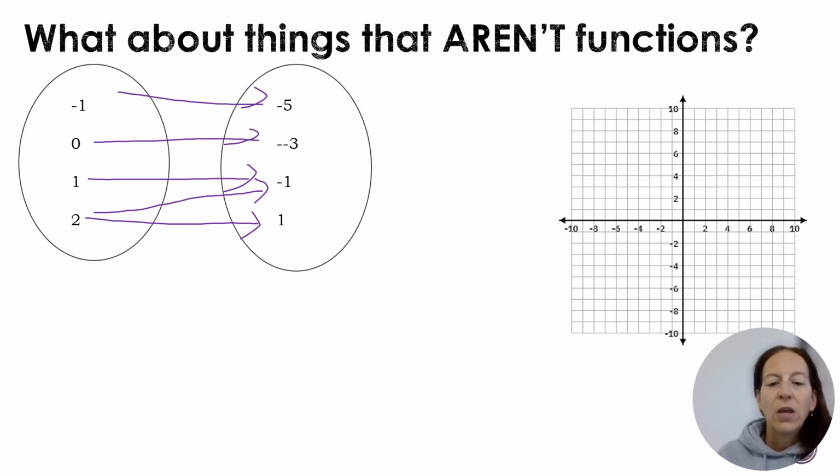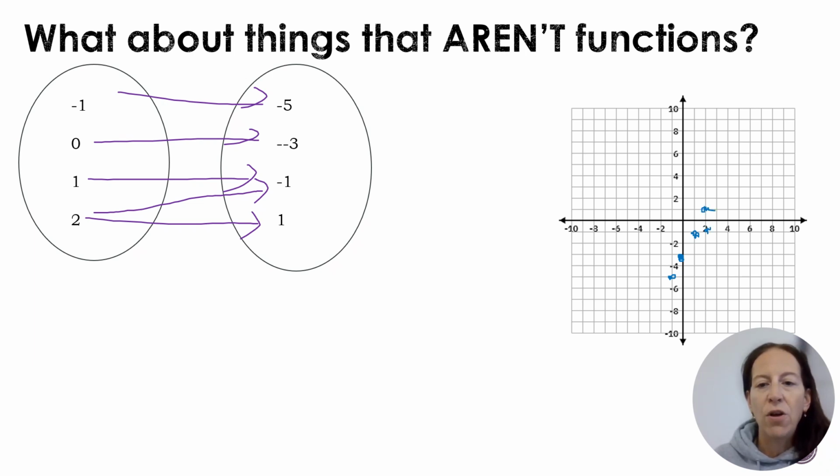So when I come over here to graph it, okay, so we have -1, -5, 0, -3, 1, -1, 2, 1, and then we have 2, -1.